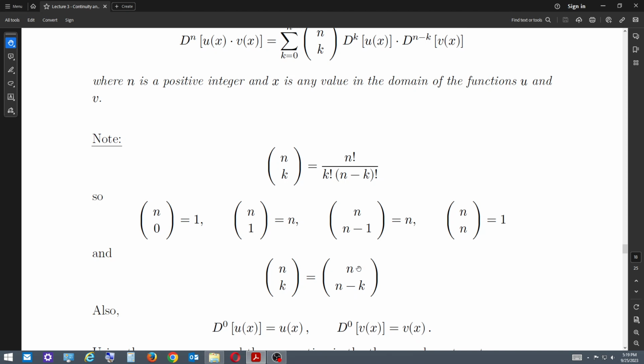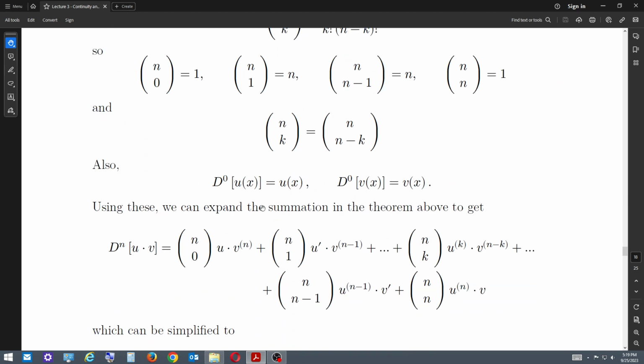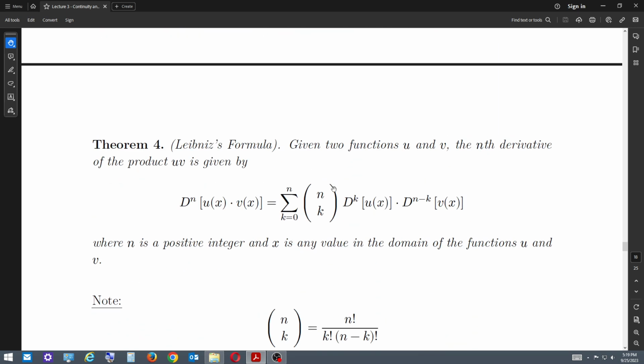Also, in general, this is true. You don't really need to pay too much attention to this. Also, the zero derivative, we just define the zero derivative as the original function just for the purposes of using this notation.